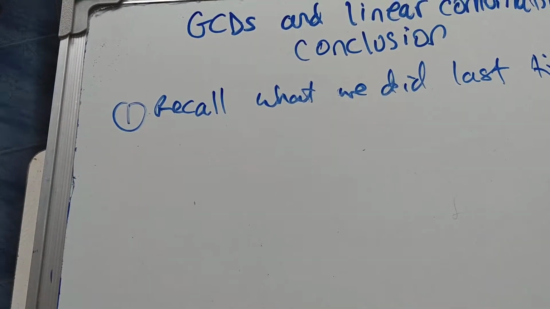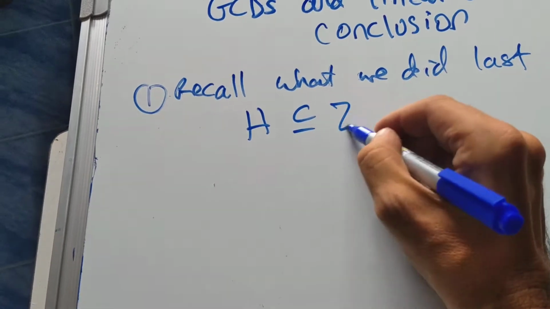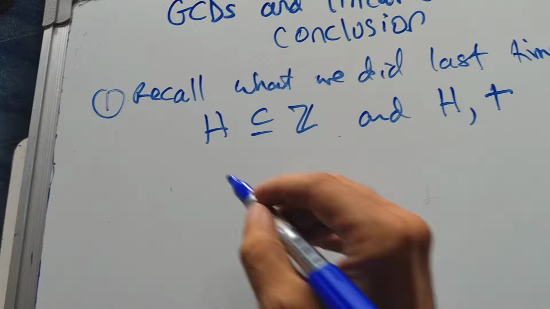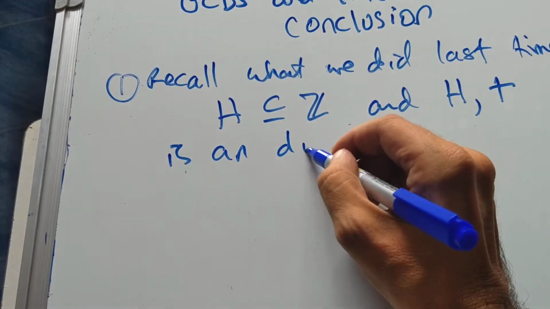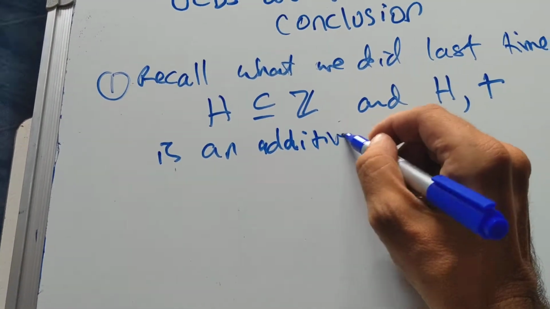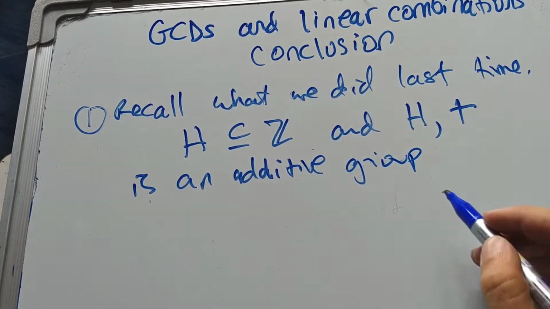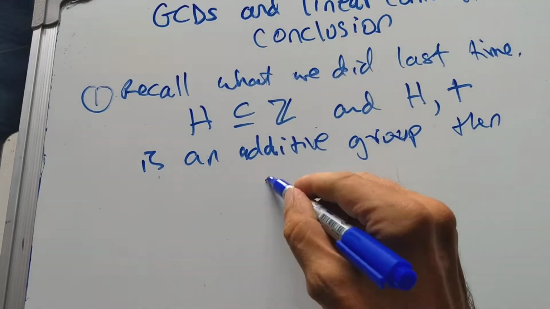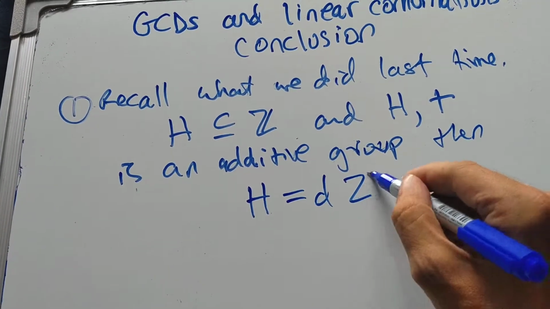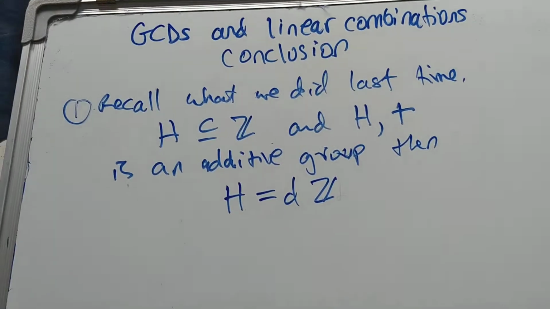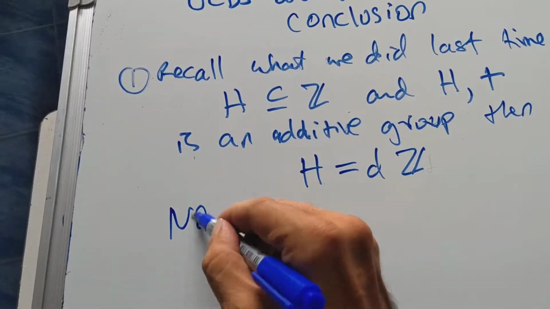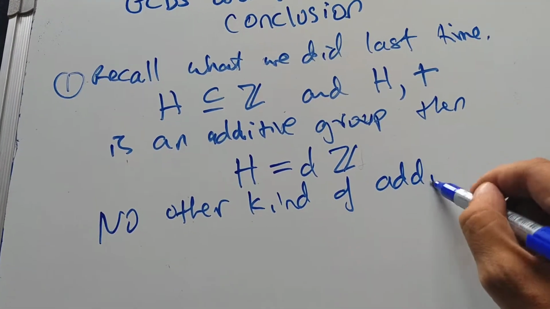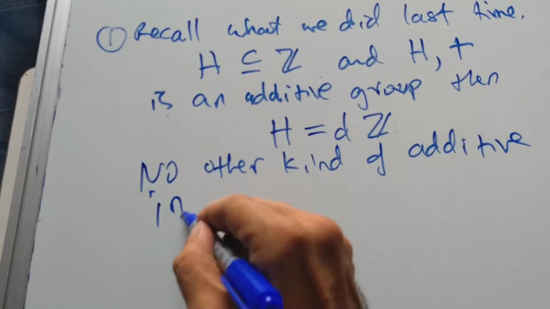Well, last time we showed that if H is a subset of Z, and H with operation plus is an additive group, then H is a multiple group, and there's no other kind of additive integer groups.